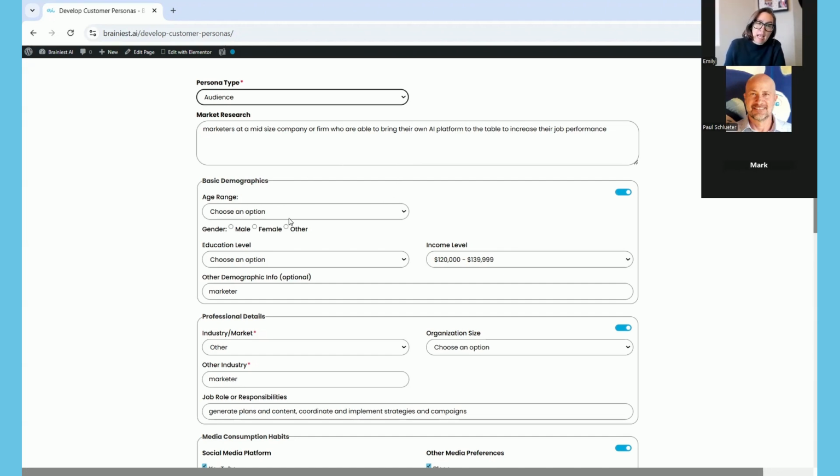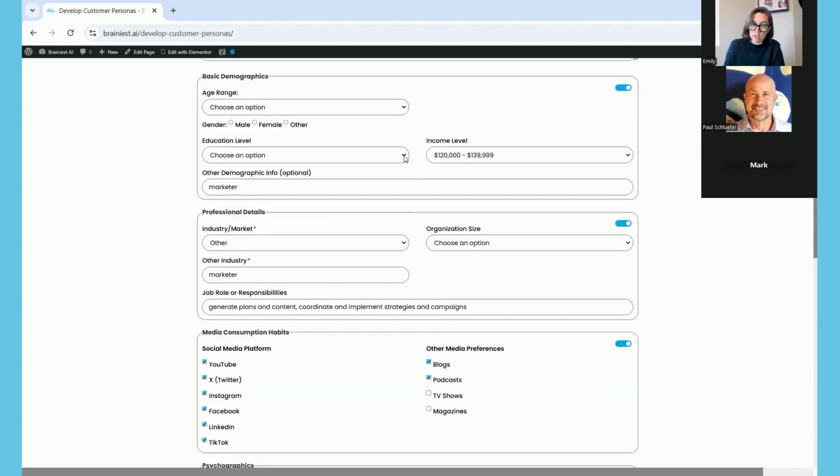An age range didn't matter to me, and it's not a required field, so I simply didn't choose an option so that it doesn't consider that as something that needs to be specified. Same thing for gender.